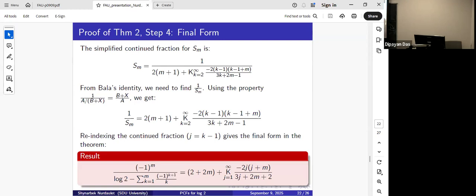So for any -1 to the power of m divided by log 2 and a series of some natural numbers, we get a continuous fraction representation using this formula. This is what we did.